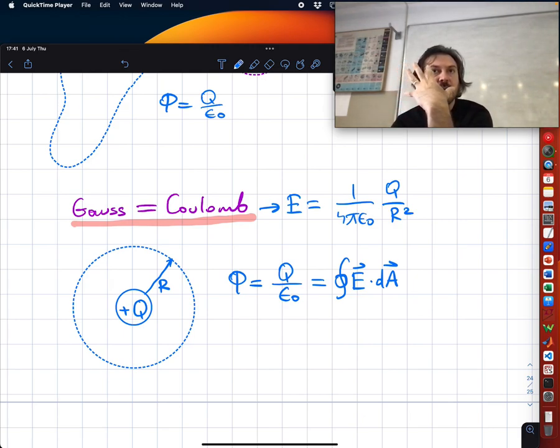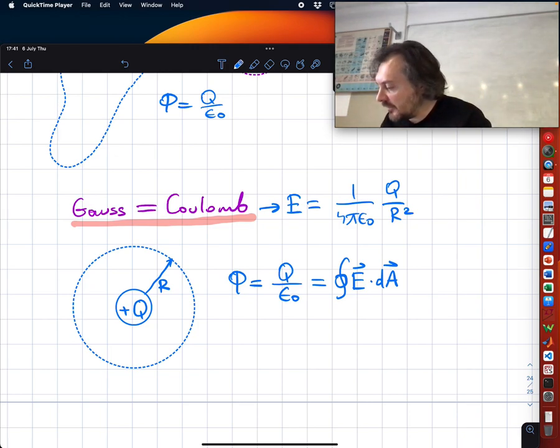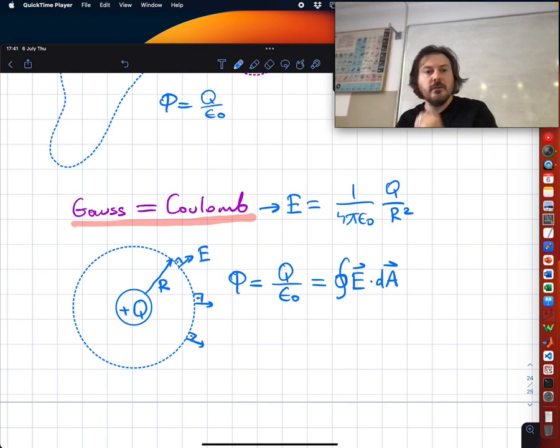It just means that the surface is closed. Okay? It's a closed surface. Otherwise, it's the regular integral. So what's the integral of E times dA? Since always it's perpendicular, right? This is perpendicular everywhere. So what's going to be E dot dA integral? E times A, right? E times A. What is A?